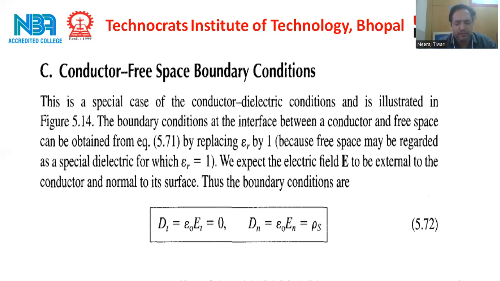In these, for free space you put epsilon r is equal to 1, and the same formula will be applicable for the conductor free space boundary conditions. So this is one of the important formulas: Dt is equal to 0 and Dn is equal to rho s for the conductor free space boundary condition.